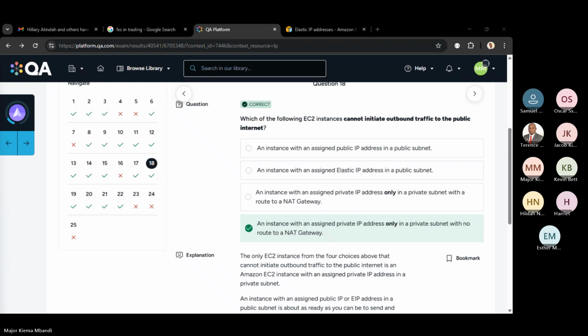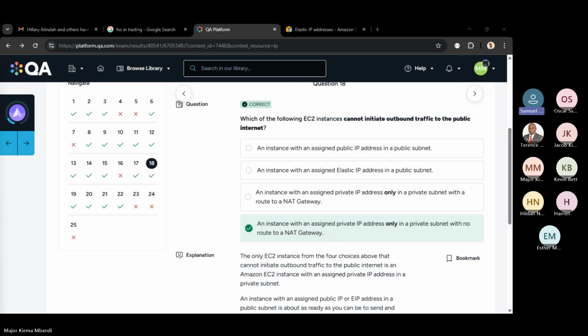But outside world services cannot initiate, they cannot be the first to say they need to access these resources. Things like ICMP, so we cannot ping your resources in a private subnet. In a public subnet, as long as you allow ICMP, you'll be able to ping them. But in the private subnet, even if you allow ICMP in the security group, you'll not be able to ping them.